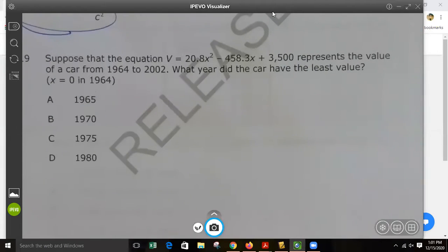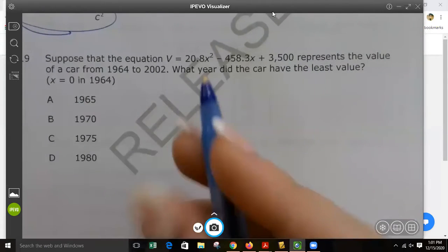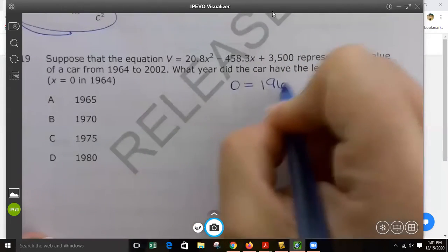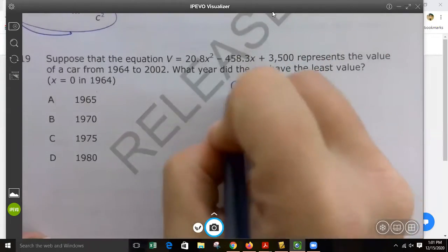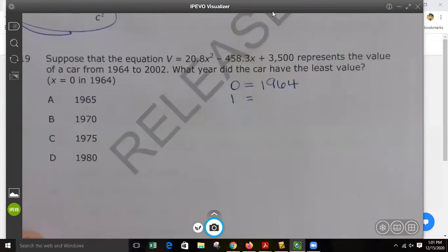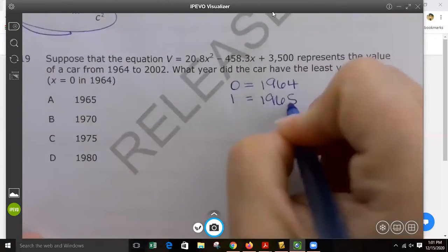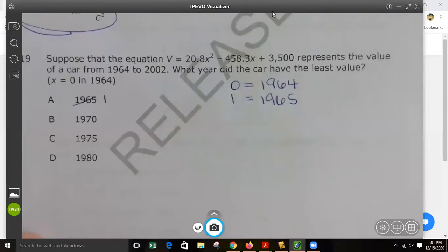So we're looking for the least value. So here's what we need to do first. 0 equals 1964. So 1 would equal what? What would be the next year? 1965. So this is actually 1. So we're going to mark it out.